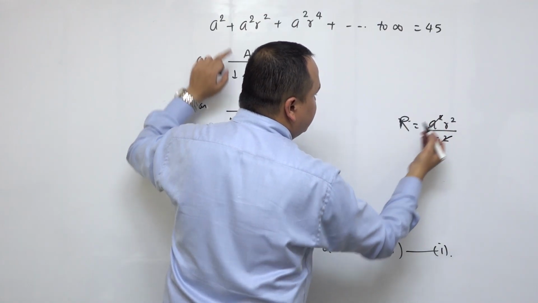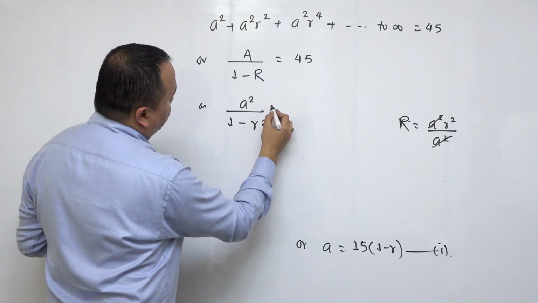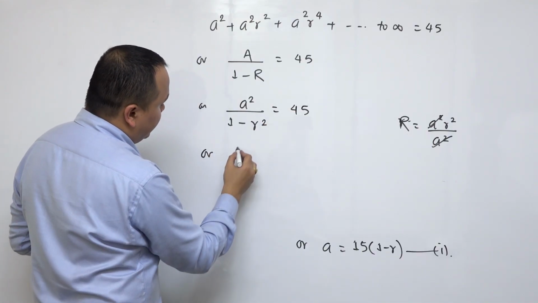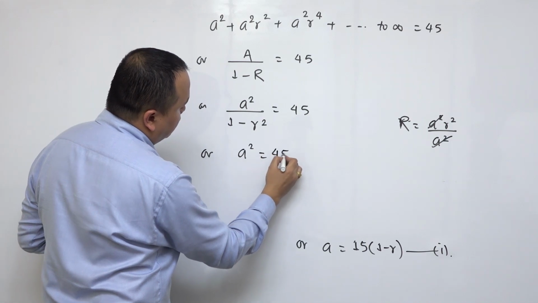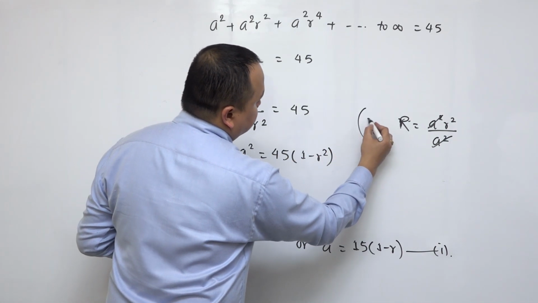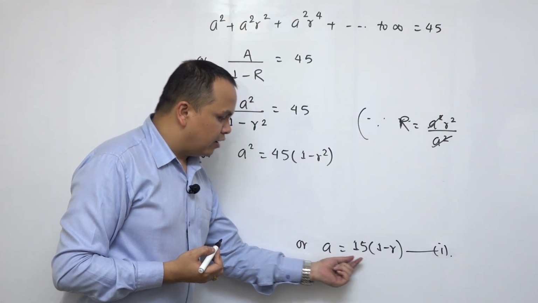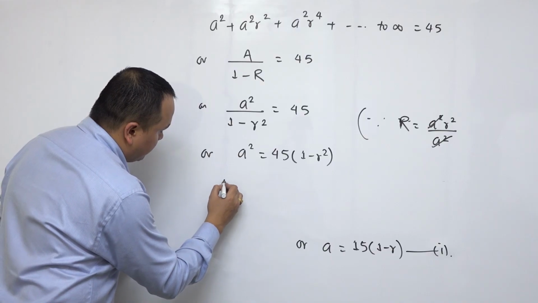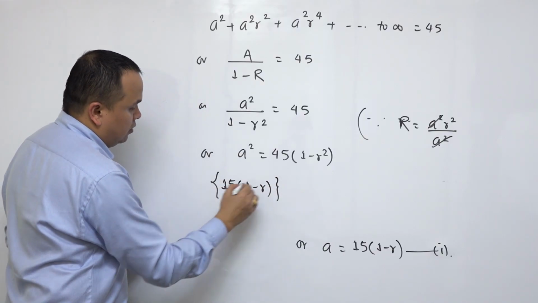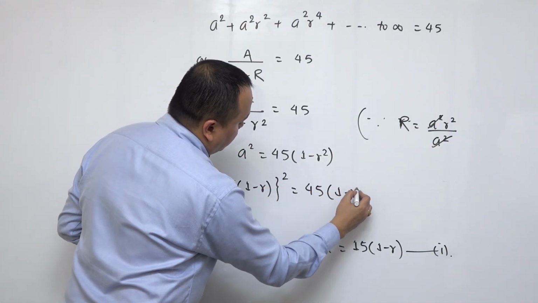The A square cancels, so the common ratio is R square. So A square upon 1 minus R square is equal to 45, or A square is equal to 45 times (1 minus R square). We have A is equal to 15 times (1 minus R). So 15 times (1 minus R) whole square is equal to 45 times (1 minus R square).